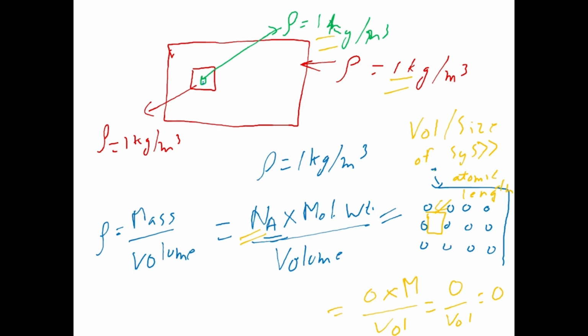If it's starting to be comparable to atomic lengths, then you cannot make this assumption anymore. You cannot just blindly say, since the density was given to be 1 kilogram per meter cube, even in this small volume it's 1 kilogram per meter cube.